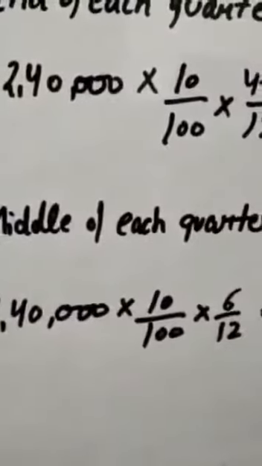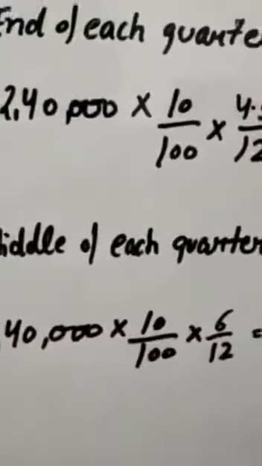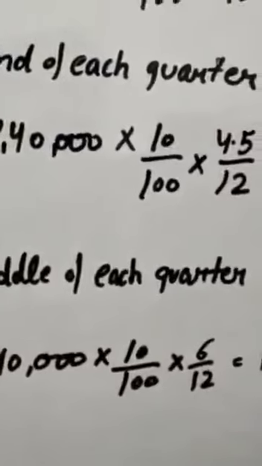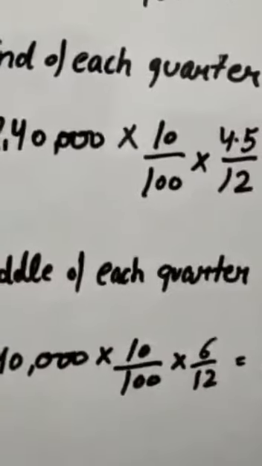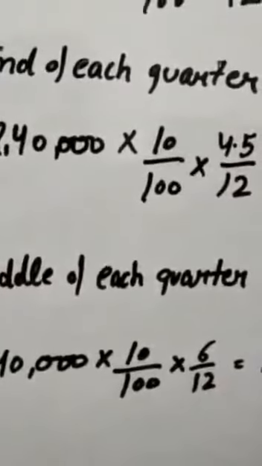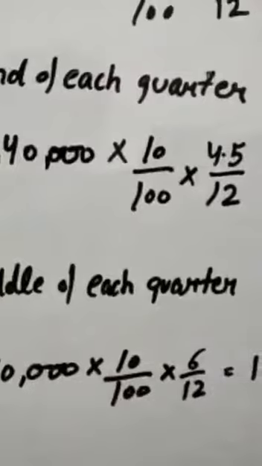The answer is 18,000 rupees, that is interest on drawings. So these are the situations under which interest on drawings can be asked in a question. You know it very well how to calculate the interest on drawings under these situations. Okay, students, I hope this is clear to you.